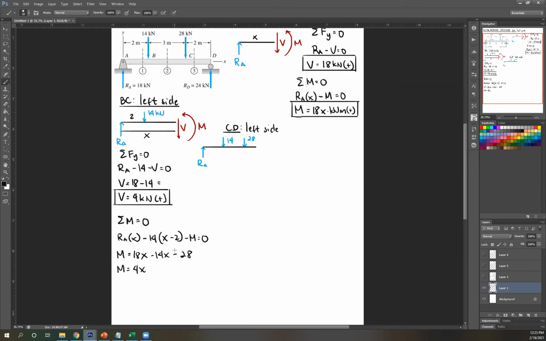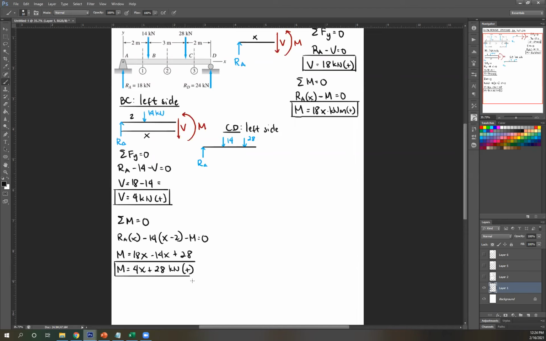This is plus 14, negative 14 times negative 2 is plus 28, so 4x plus 28. And obviously this is positive, therefore correct assumption. To check for positive or negative, look here. If you follow this, the tendency of your beam is to move this way, so this is positive, concave upward.